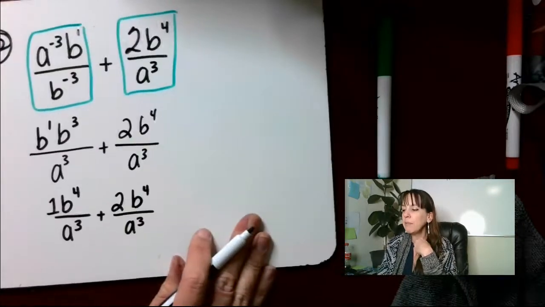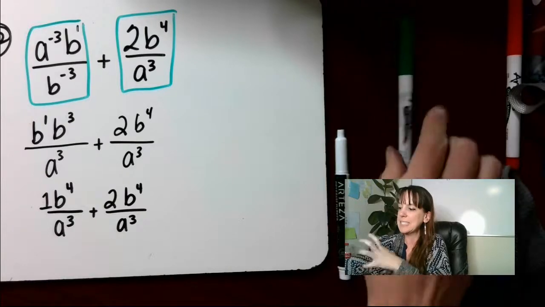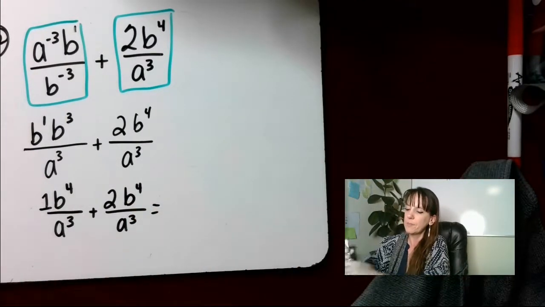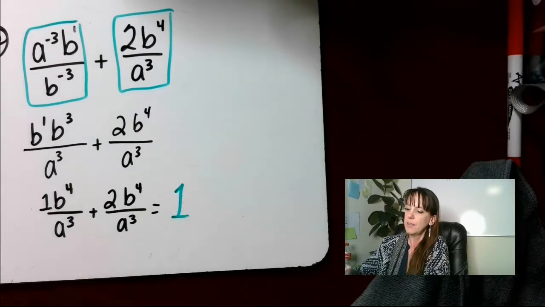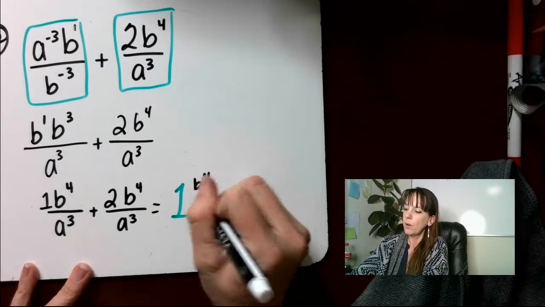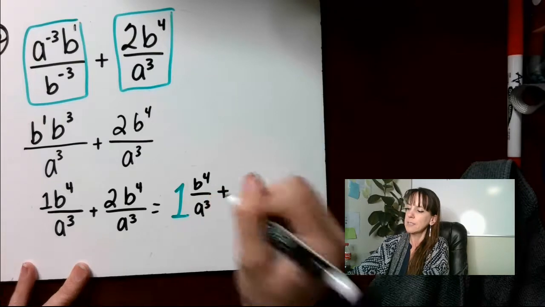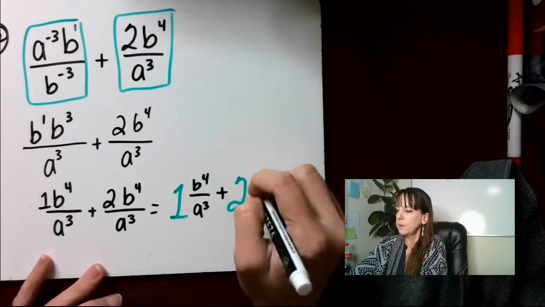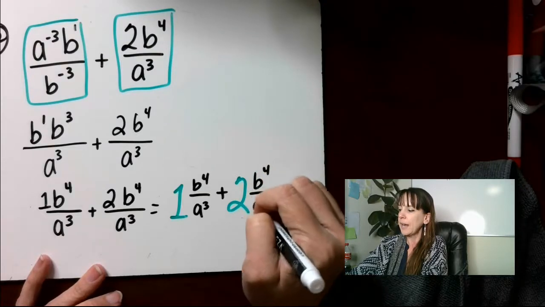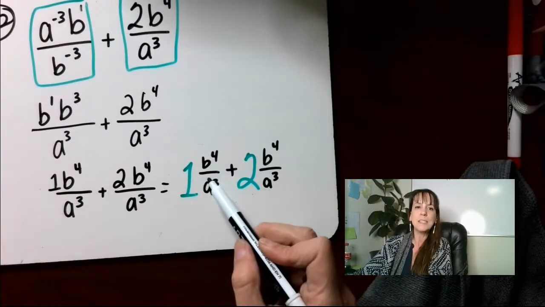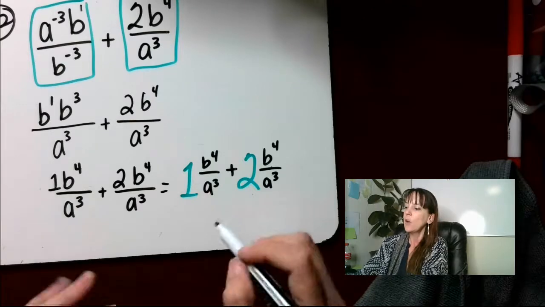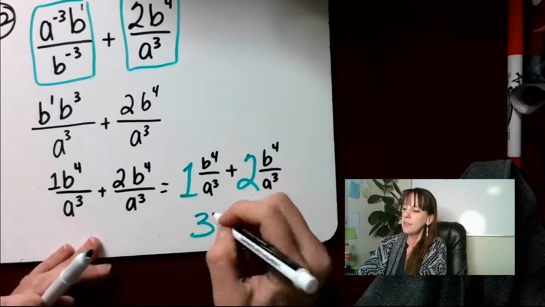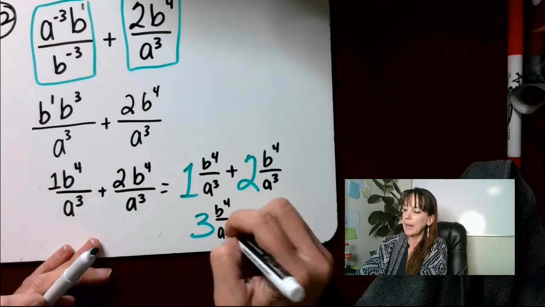So if I were to rewrite this so that you could see those like a tag, it's going to be 1 b4 over a3 plus, this guy has a 2, so 2 b4 over a3. Now, because these tags match, b4 over a3, we would have 1 plus 2, which gives us 3 b4 over a3.